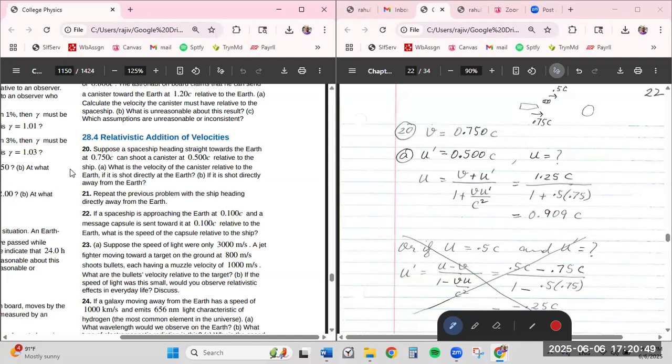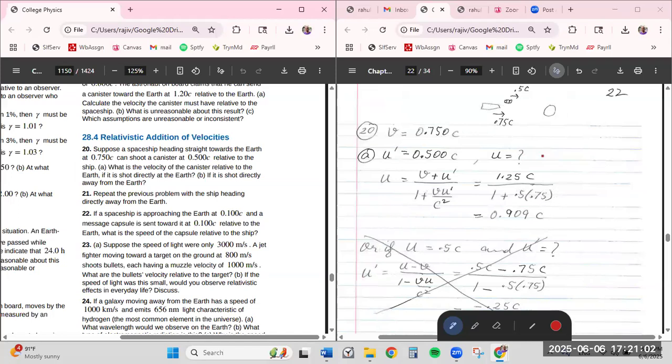What is the velocity of the canister relative to the Earth if it is shot directly at the Earth? And in part B, if it is shot directly away from the Earth.